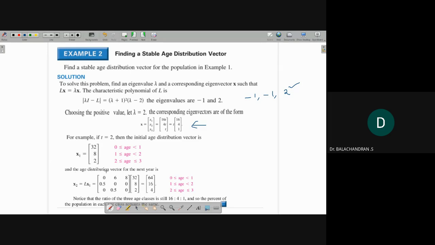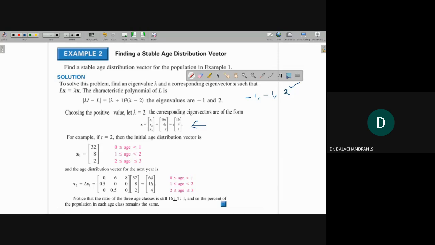And the age distribution vector for the next year, x2, is equal to L into x1. You will get 64, 16, 4. Notice the ratio of the three age classes. x1 is 32, 8, 2 and x2 is 64, 16, 4.